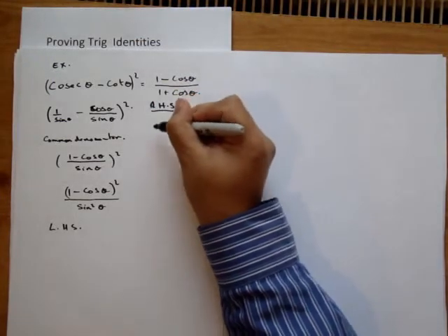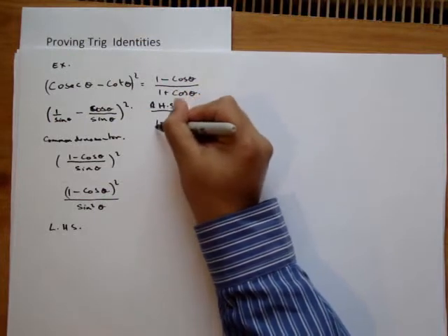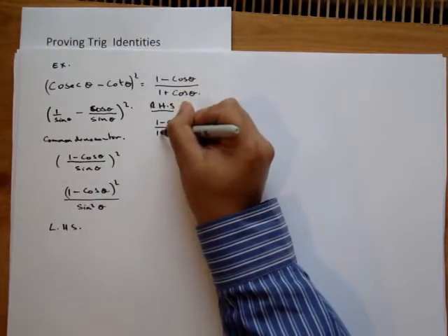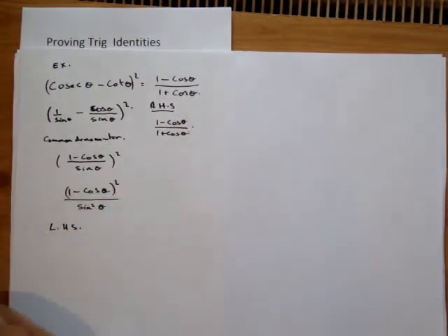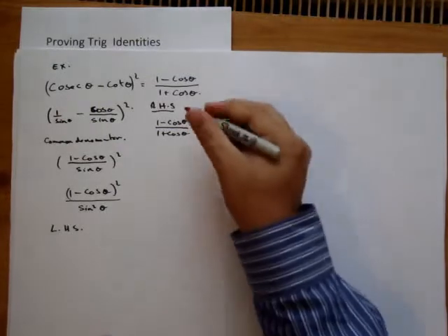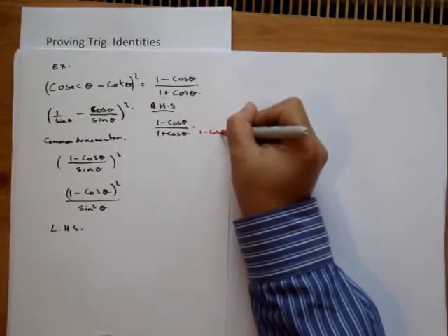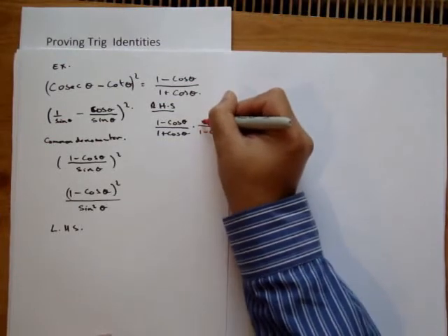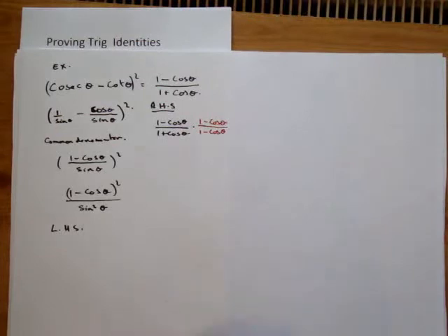So that's 1 minus cos theta over 1 plus cos theta multiplied by the conjugate, 1 minus cos theta over 1 minus cos theta.